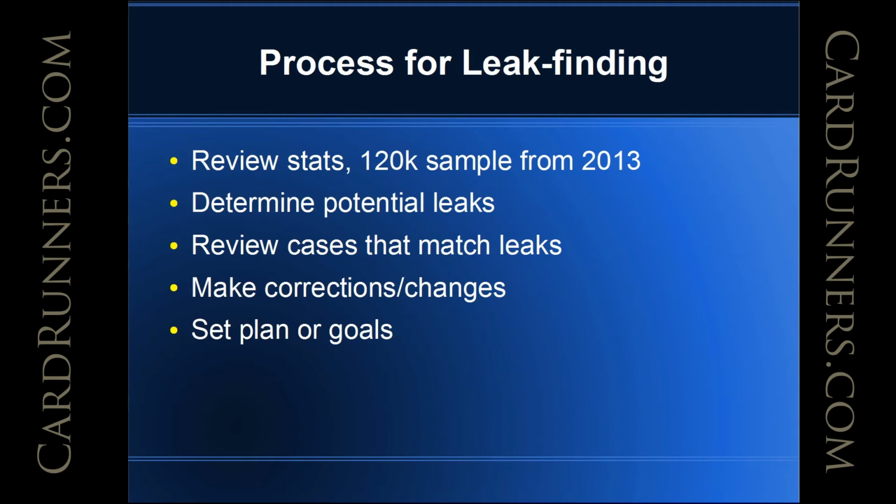And then we're going to review cases that actually match those leaks. More or less, we're going to be filtering different hand histories and just trying to find situations that actually match those leaks. And then lastly, we're going to be making corrections or changes to our game, and then setting a plan or goals to make sure those corrections or changes are permanent, and we actually understand exactly why we made that change or correction in our game.